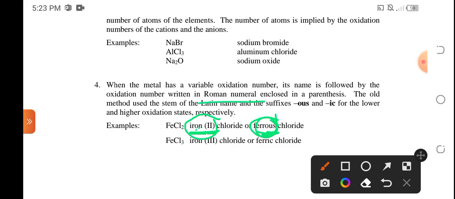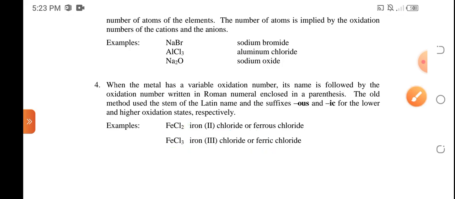Kung Roman numeral, then Roman numeral. Kung OUS, yung Latin name with the suffix of OUS or IC, then that's it. Okay? No mixing. Okay? So, this one, FeCl2 will be iron 2 chloride or ferrous chloride pa rin because the Cl is named as chloride. Then FeCl3 would be named as iron 3 chloride or ferric chloride.